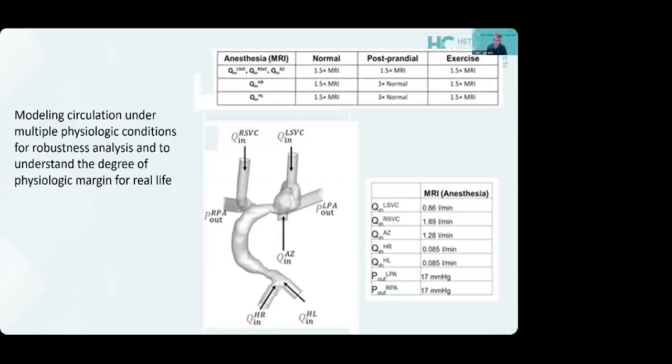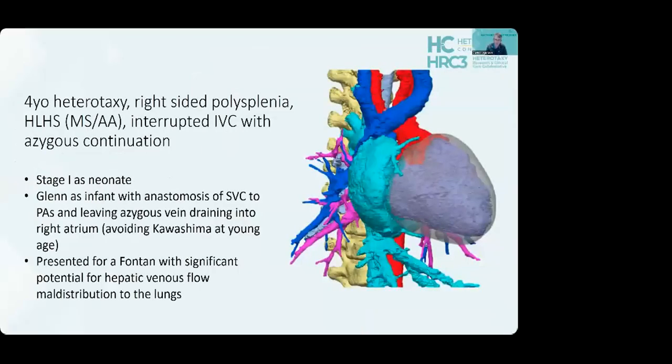And of course, nobody lives under anesthesia. And so we really want the Fontan circulation to work well under normal resting physiology, after the child eats, and when the child exercises. So we're able to plan that out and test that physiology under different conditions to really know how robust of a surgical solution we are proposing.